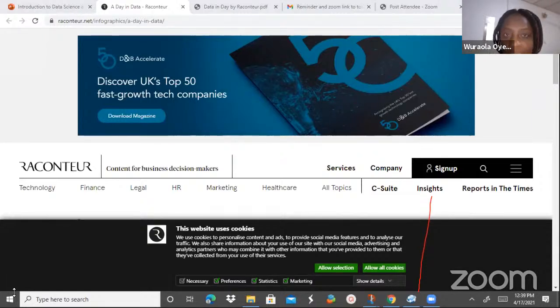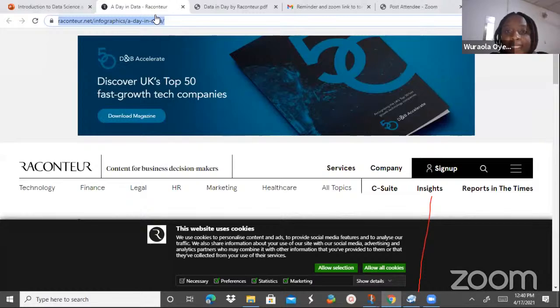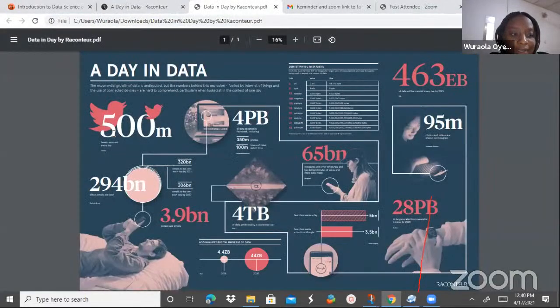What they attempted to do is to talk about online data that is generated daily, to give a view of what exactly is happening. So this is a day in data, as at 2019. It is much more now.